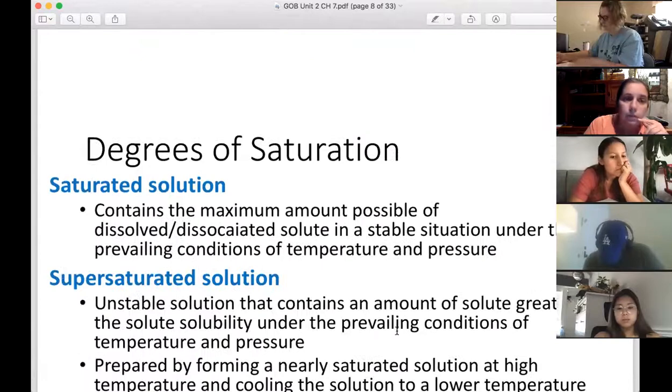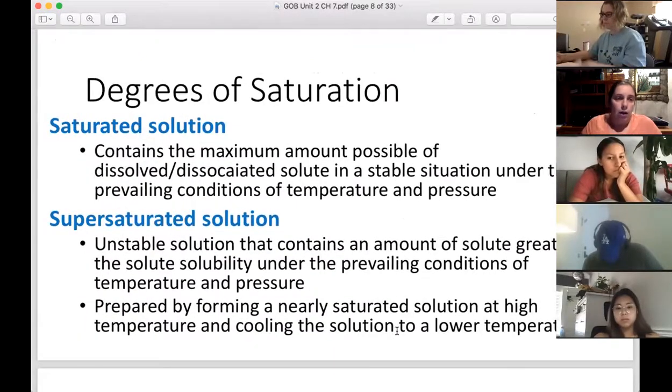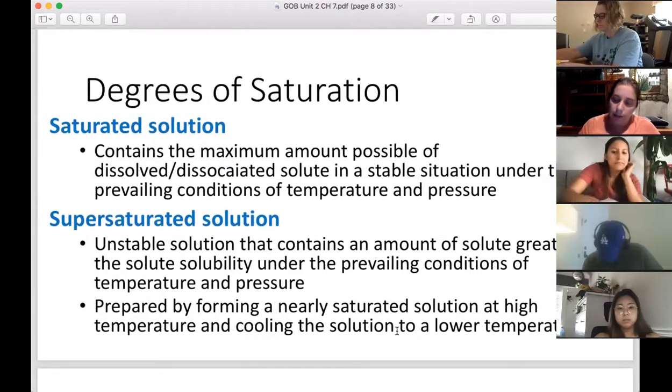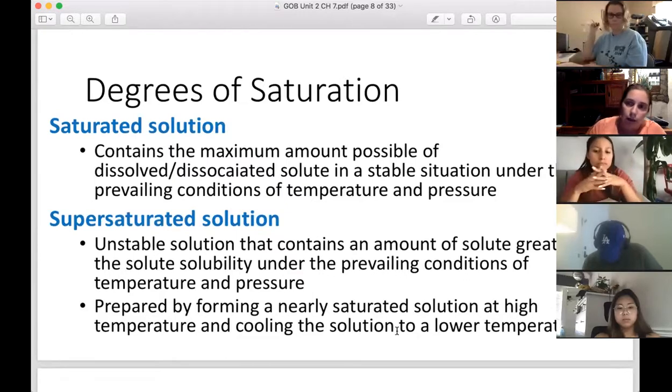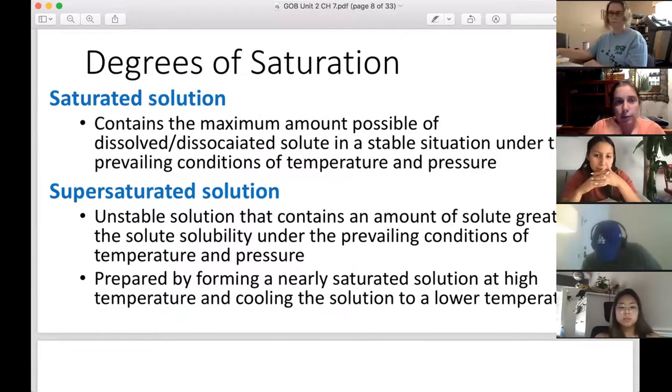All right, so degrees of saturation. Like we said, these solutions are kind of on a spectrum, right? There's a wide breadth that we can look at in terms of saturation.